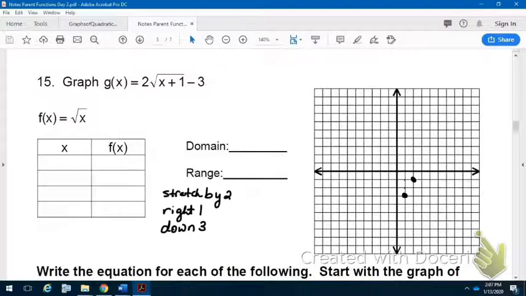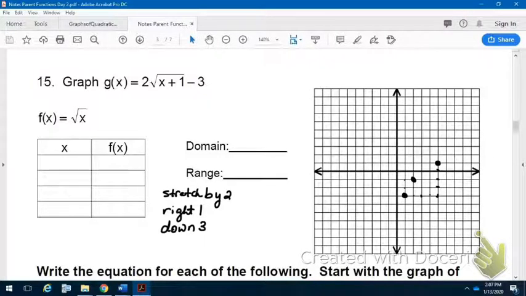Then you go back to your new vertex, and you're going to count 1, 2, 3, 4, but instead of going up 2, you're going to go up 1, 2, 3, 4. And so there's another dot.